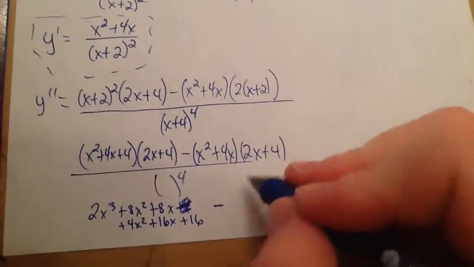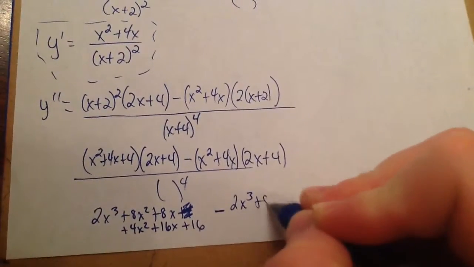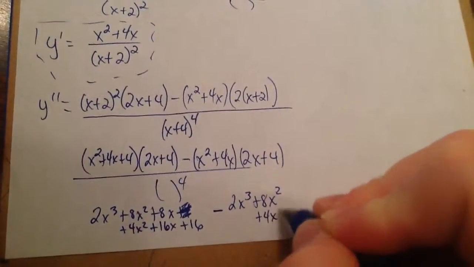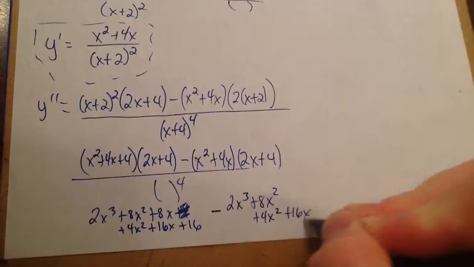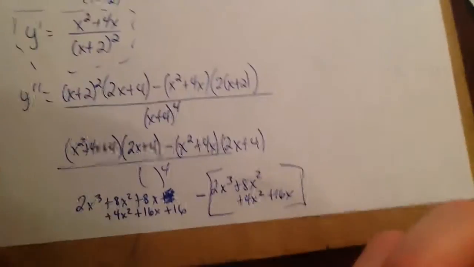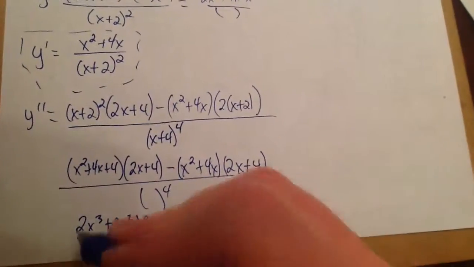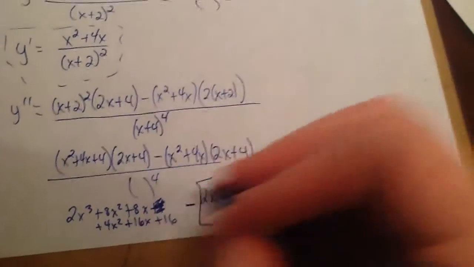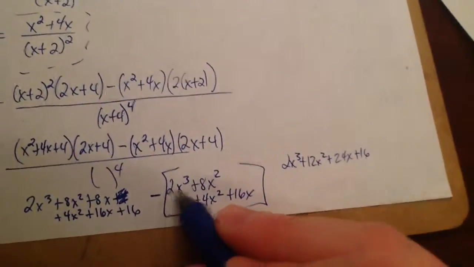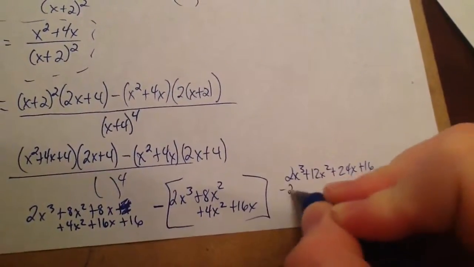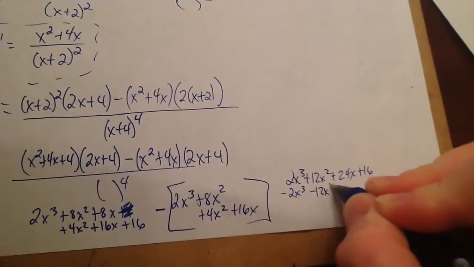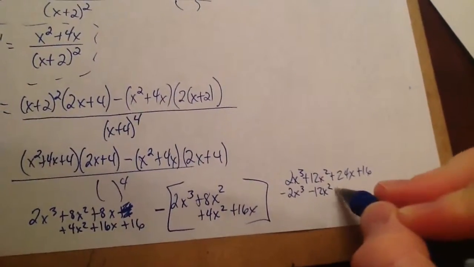Minus 2x to the third plus 8x squared plus 4x squared plus 16x, and this is all minus all of that, so what's 2x to the third plus 12x squared plus 24x plus 16 minus 2x to the third minus 12x squared minus 16x.